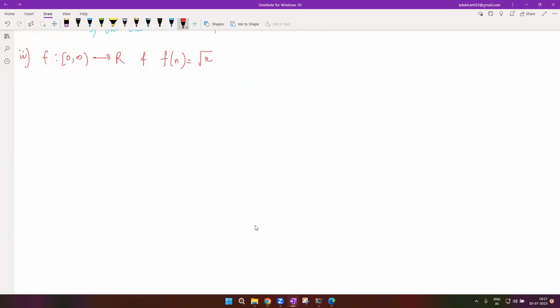So the domain is 0 to infinity and the codomain is all real numbers. The given expression is f(x) equals root x. We have to check for this. You first solve the second part, okay?